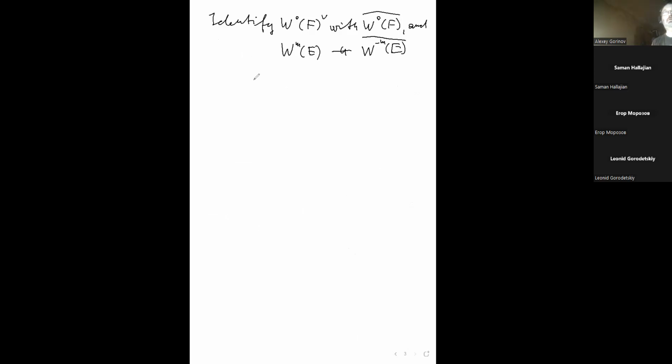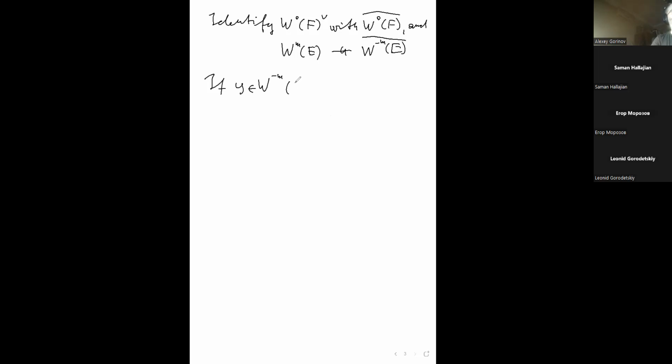How do we do that? Well, let's do this in the second case. In the first case, the strategy, the formula will be exactly the same.